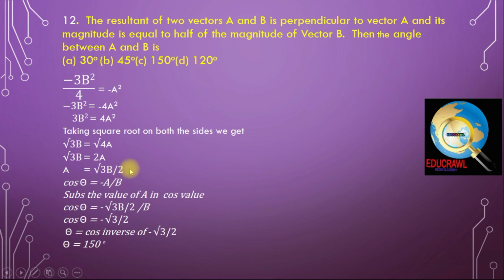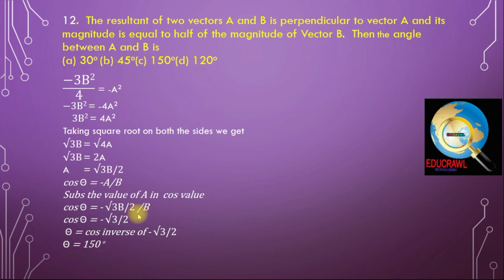Now we will recall the question of this problem. In the question we have to find the angle between a and b, that is theta. So once again we come to this cos theta formula. Cos theta is equal to minus a divided by b, which we have already derived in the first slide. So cos theta is equal to, substituting the a value here, minus root 3b by 2, the whole divided by b.